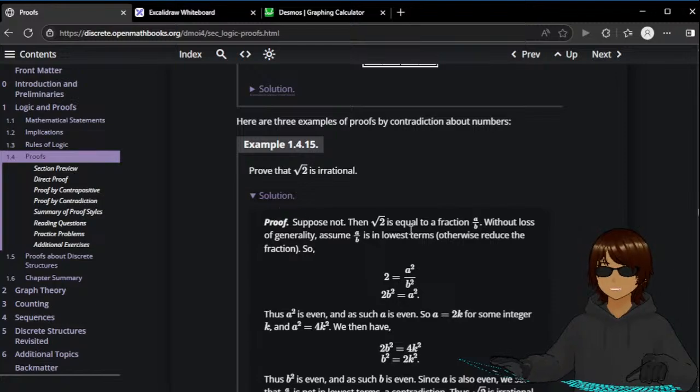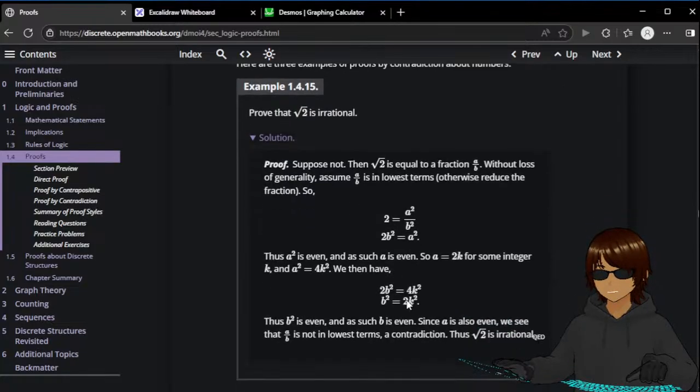Suppose not, that root 2 is equal to a fraction a over b, and without loss of generality assume a over b is in its lowest terms. Wait, I was correct. So 2b squared is equal to a squared. Thus a squared is even, and as such, a is even. So a is equal to 2k for some integer k.